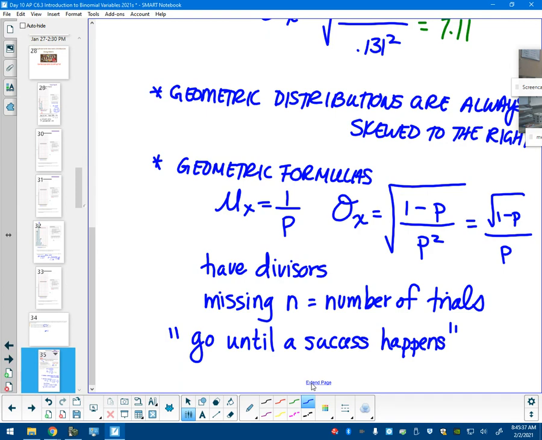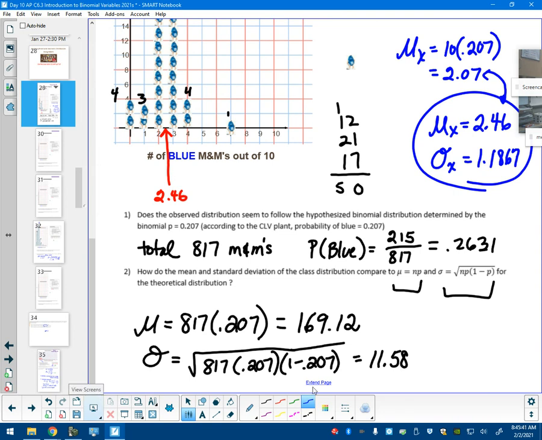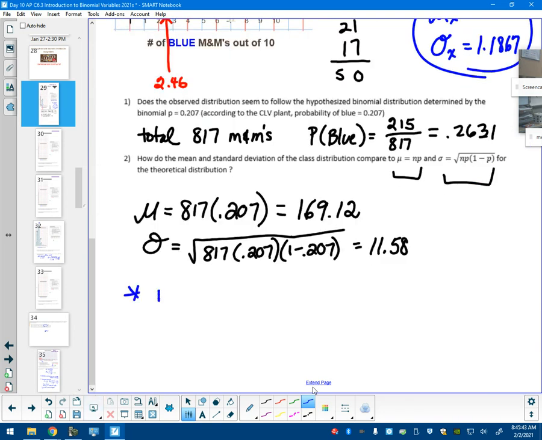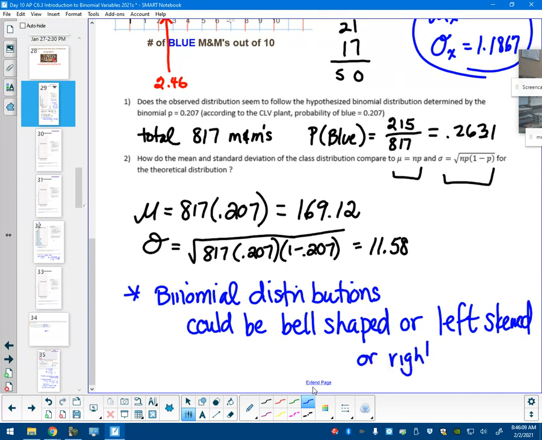All right, so let's go back to the binomial formulas or to the binomial page and write these things down. Binomial distributions could be bell-shaped or left-skewed or right-skewed.